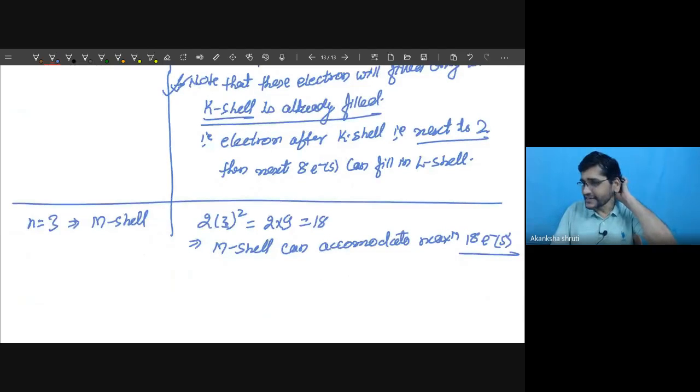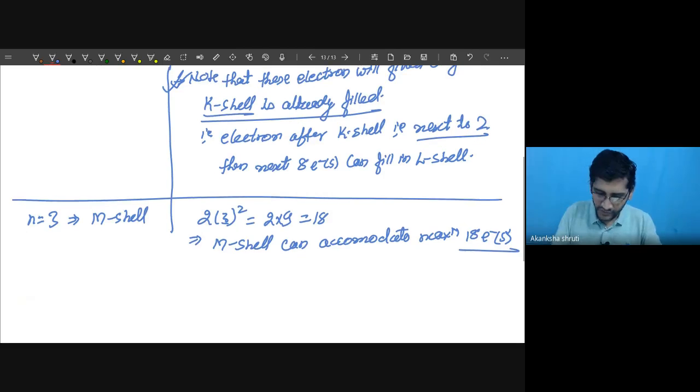But there is another important point. These 18 electrons can be contained only if the outermost orbit already has 8 electrons. If this M shell is acting as the outermost orbit, then it cannot have more than 8 electrons. That is the other rule.